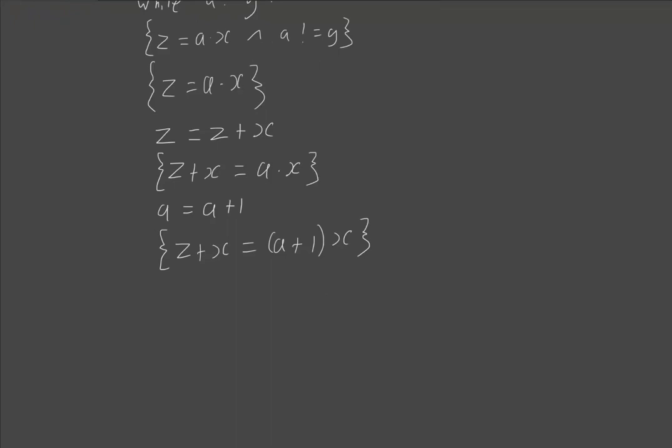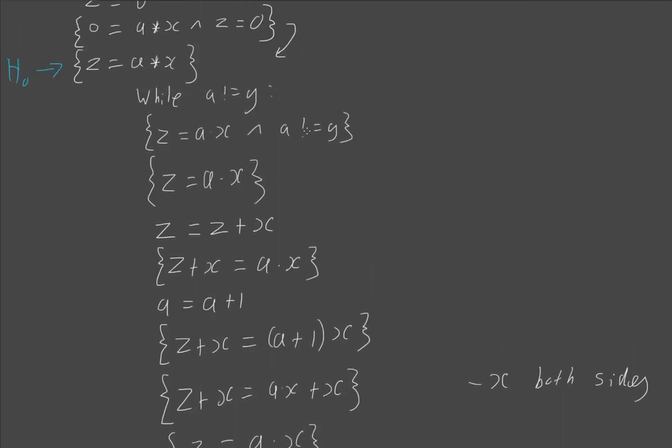So now if we expand the brackets there, just with some real basic math, we get Z plus X is equal to A times X plus X. And then if we minus X from both sides, which we can do because math, we get Z is equal to A times X.